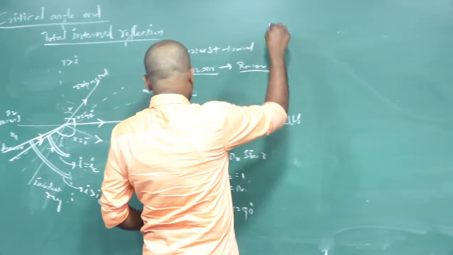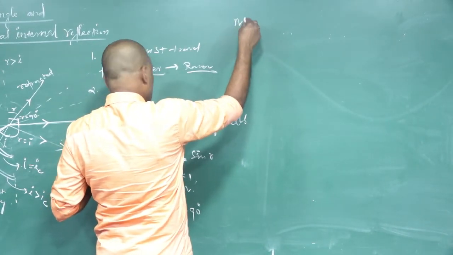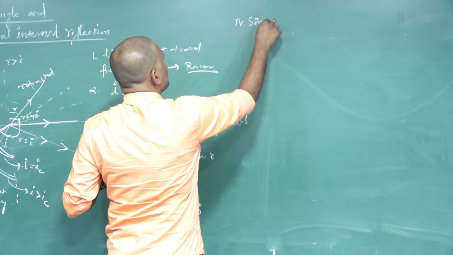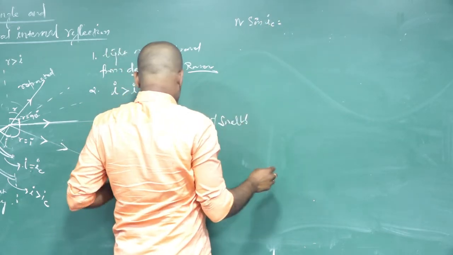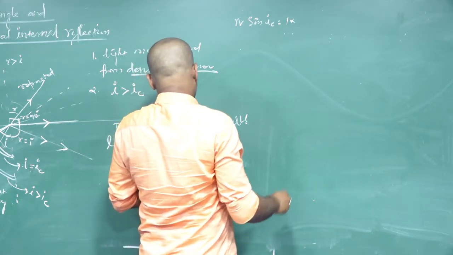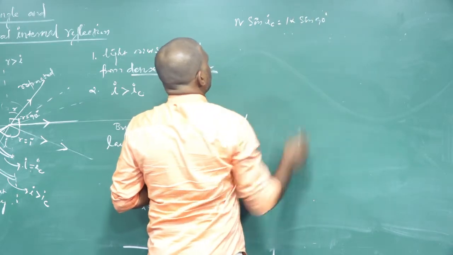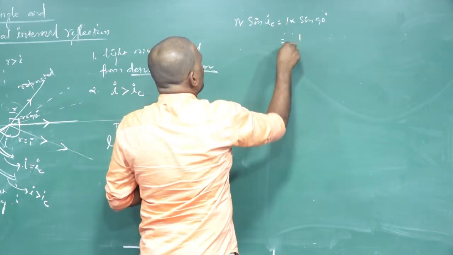So I can substitute here in this expression. N1 is taken as N, angle of incidence is IC, so I can write sine of IC, and N2 is taken as 1, and the angle of refraction is 90. What is sine 90? 1.